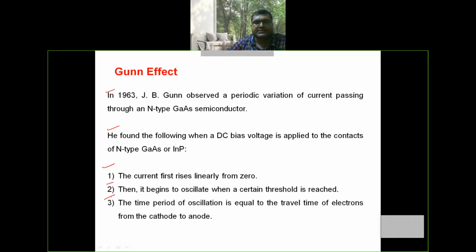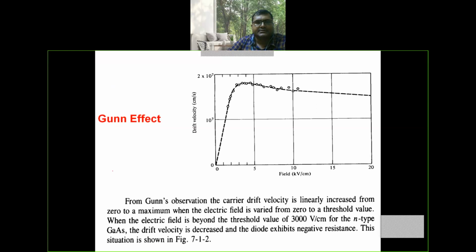The time period of oscillation is equal to the travel time of electrons from the cathode to anode. This is known as Gunn effect or bulk effect.